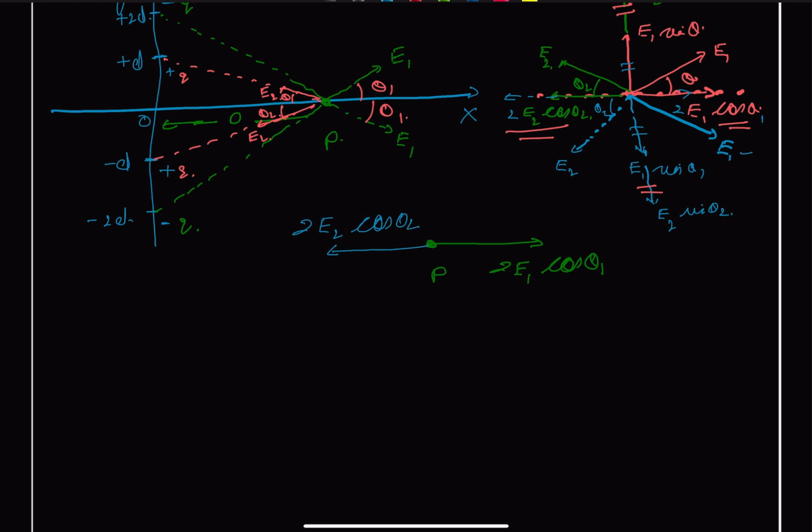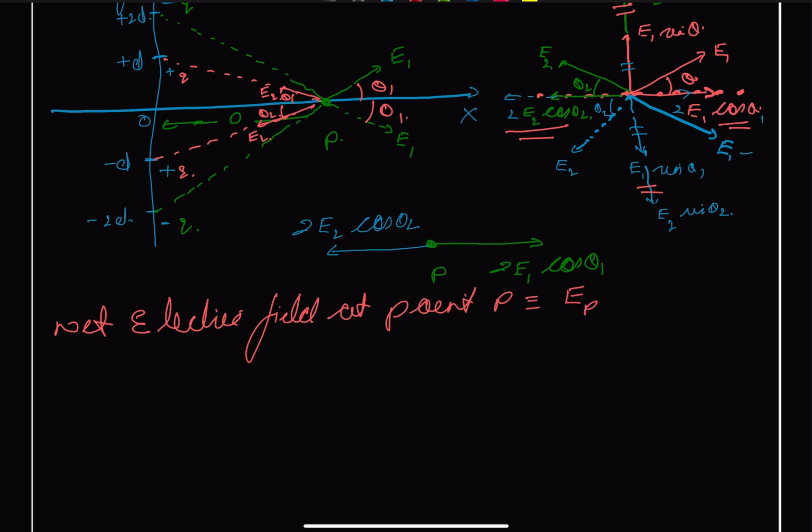So the net electric field at point P, let us call that EP, and we can write that this EP will be equal to twice E1 cos theta 1 minus twice E2 cos theta 2.